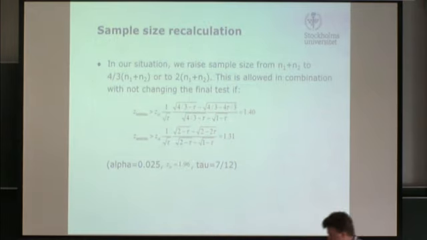And for this, it's the same as we had seen before, but now with the calculated values 1.4 and 1.31. If we have a Z interim above these values, then we can raise to this sample size, or if we have above this value, we can raise to this value.